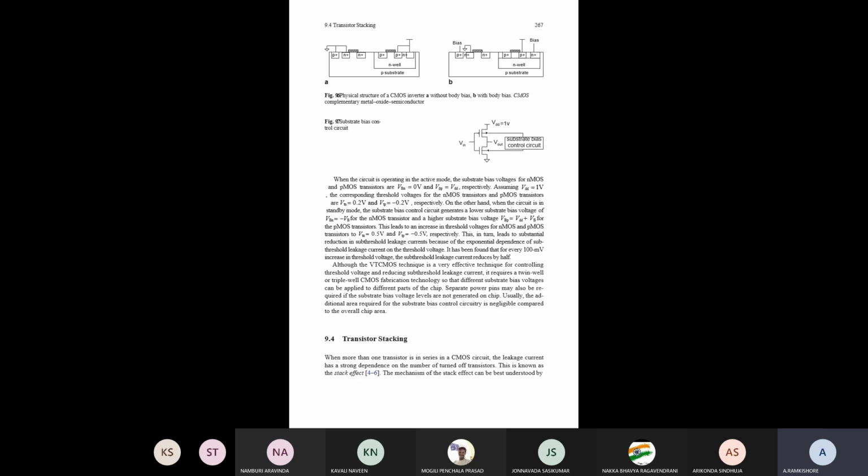This leads to a substantial reduction in subthreshold leakage current because of the exponential dependence of the subthreshold leakage current on the threshold voltage.